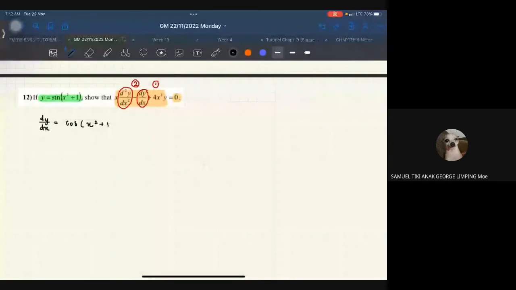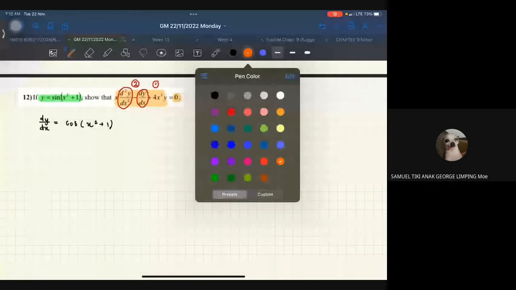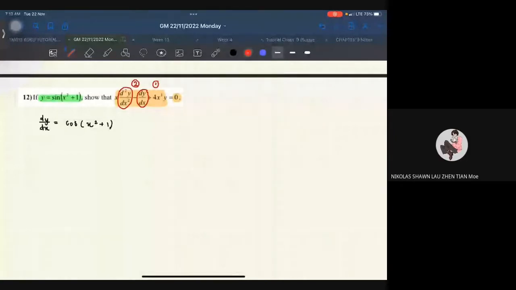Okay, tapi adakah awak dah settle dekat sini? Have you finished differentiating everything? No, you have to differentiate inside the bracket also. Yeah, exactly. Okay, so you need to always remember to always differentiate whatever that you have inside the bracket.